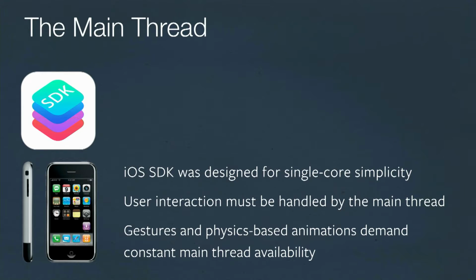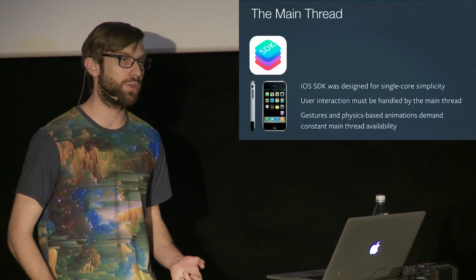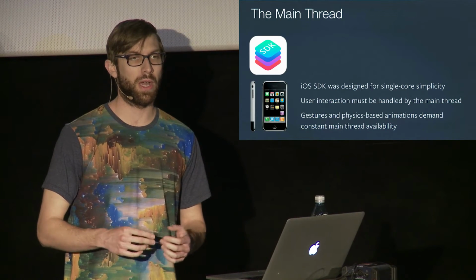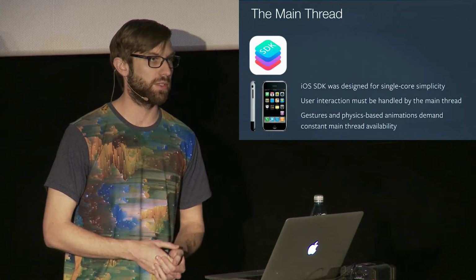So one important concept here, I'm sure everyone has heard about this in some capacity, is the main thread. The iOS SDK was designed at a time when the concept of mobile SDKs was very new, and so it was massively important to make the SDK as simple as possible.